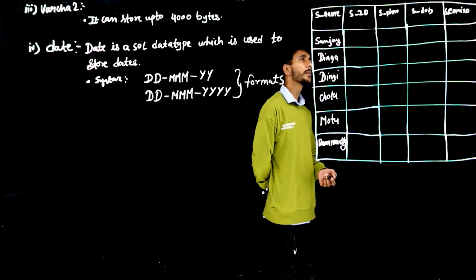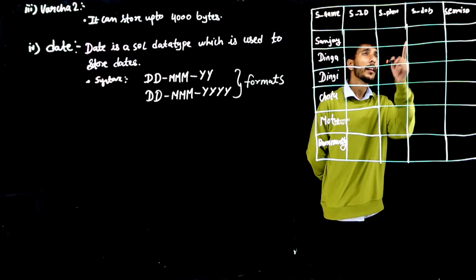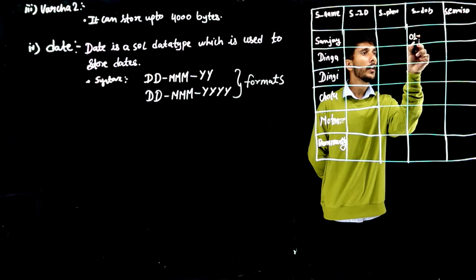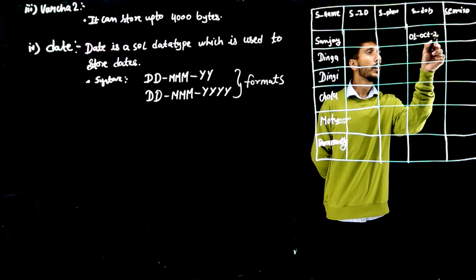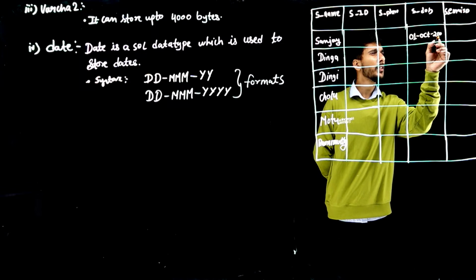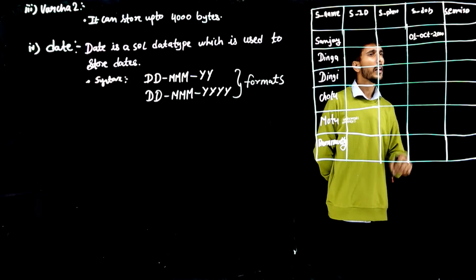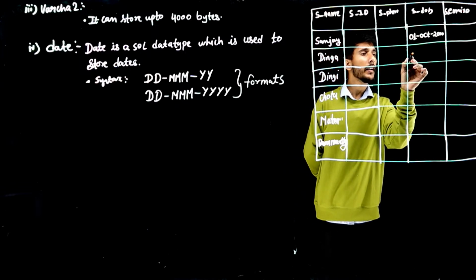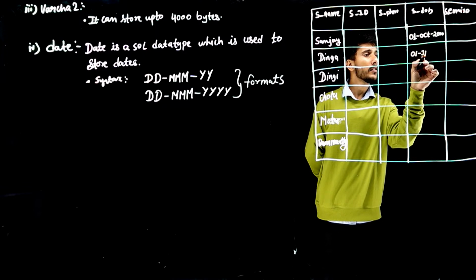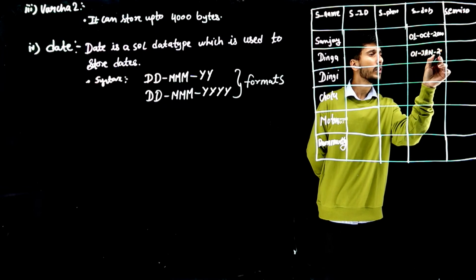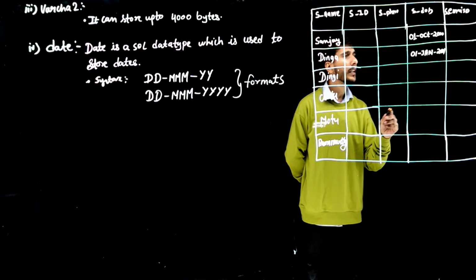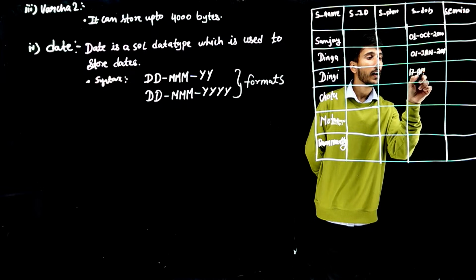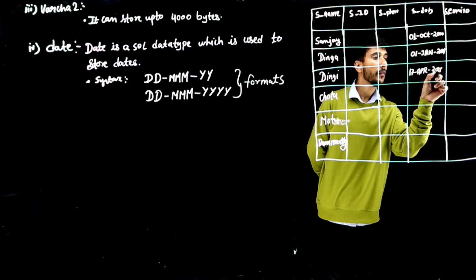Now, sir, where am I seeing dates? Here I am seeing dates. How will I enter them? The date of birth of Sanjay will be 01 OCT 2000. Let's take a random year like 2000 or anything. Again, Dinga I will take as 01 Jan 2001. Dingy I will take as 17 April 2004.